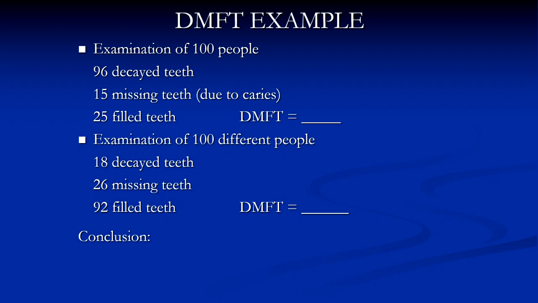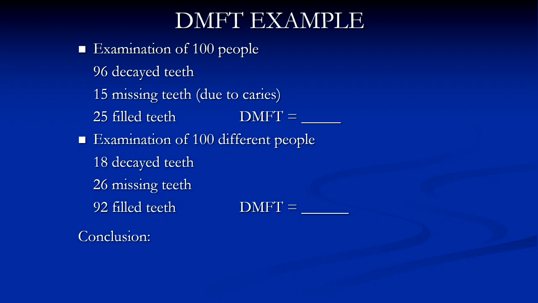So we would add up the D, the M, and the F together again, and that's 136. So we'd have that count, 136 decayed, missing, or filled teeth. And then if we wanted a proportion, we would divide it by 100, the population, and again we would get 1.36. So what's our conclusion here?